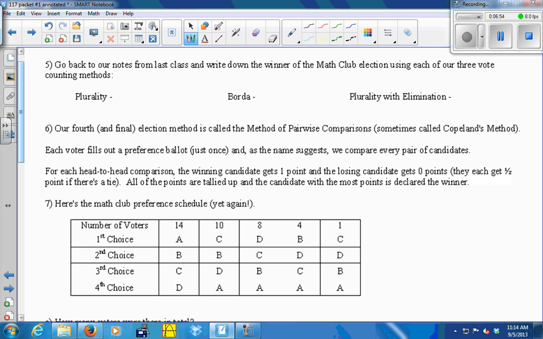So if we can look back in your notes for a minute, we want to write down the winner of the math club election from each of our 3 methods. So plurality with elimination we just did, that was D, right? Who won using plurality? A, and who won using Borda? C? C, okay.